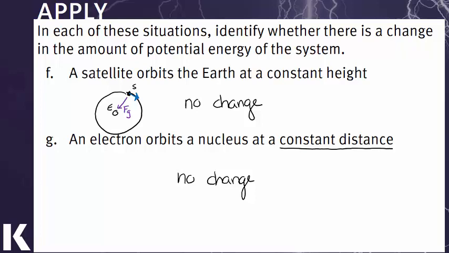And the key here is that we'll be orbiting at a constant height or a constant distance. In all cases of orbit, there will be no change in the potential energy because the height or the distance remains constant. So now you should feel more comfortable identifying instances in which the potential energy is changing.